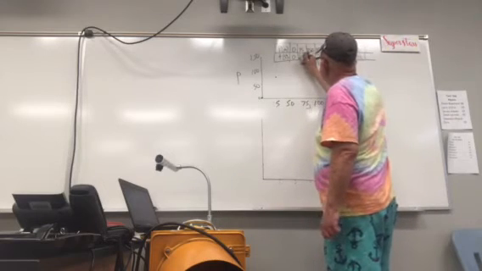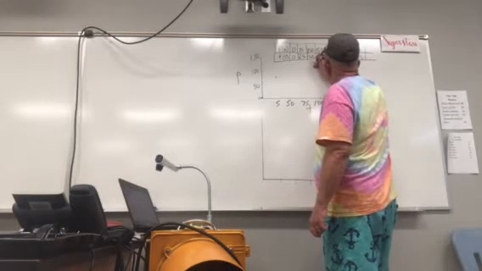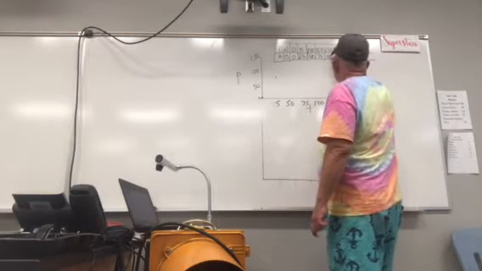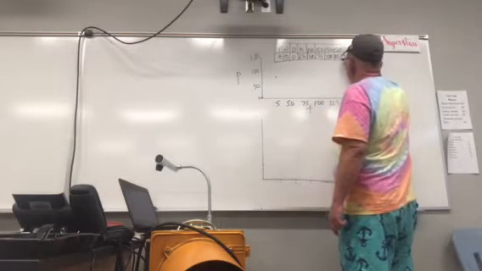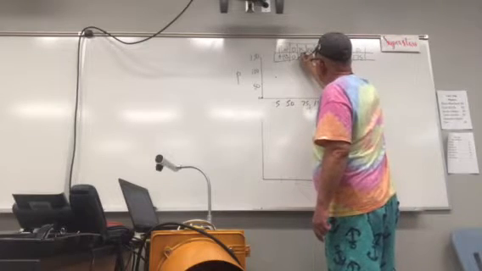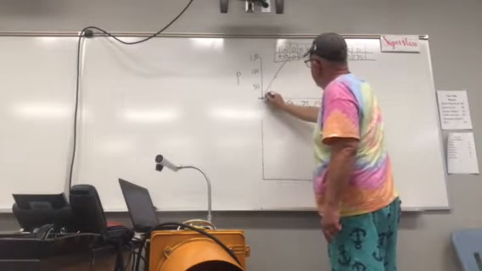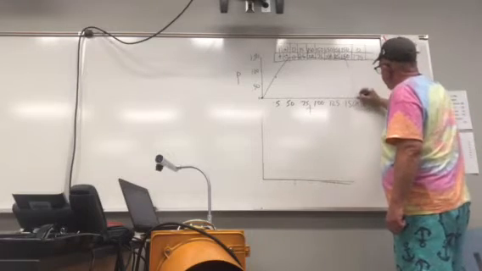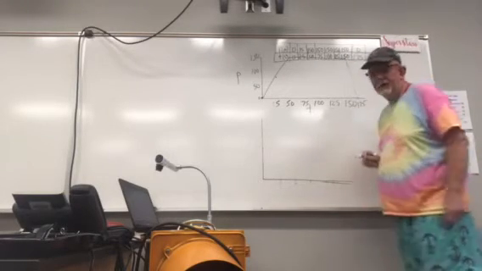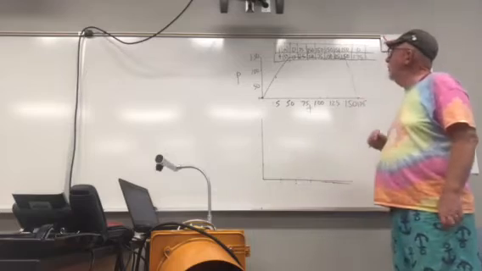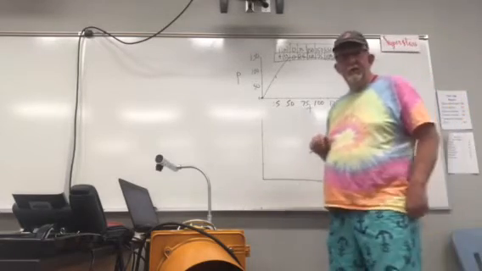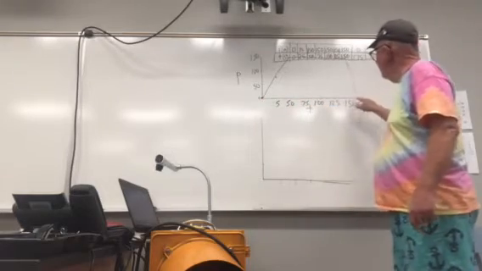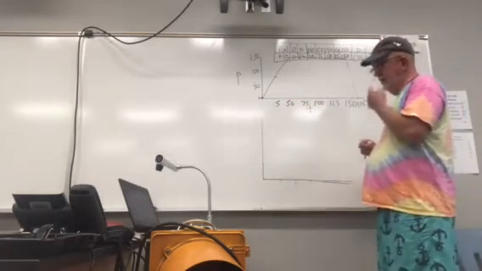Then I'm there at 75, I'm there at 100, I'm there at 125, I'm there at 150. So my graph is going to look like that, and then I went home and 25 seconds and I'm back at 0. You can easily see that my displacement is 0 because I started and ended at 0.